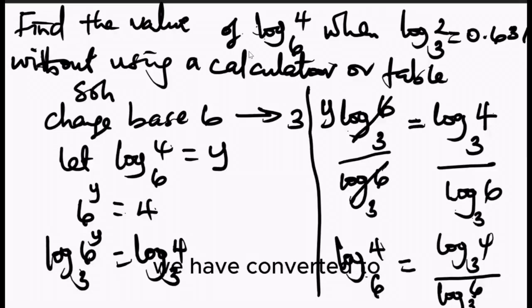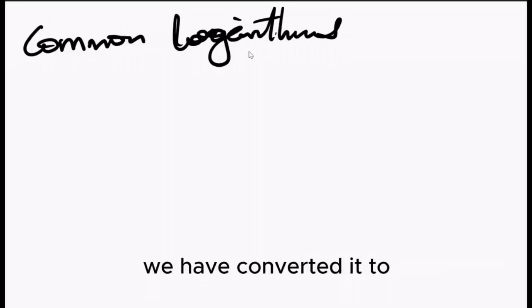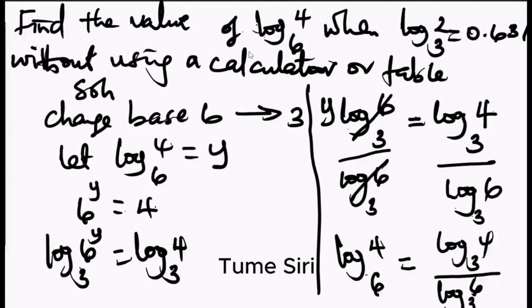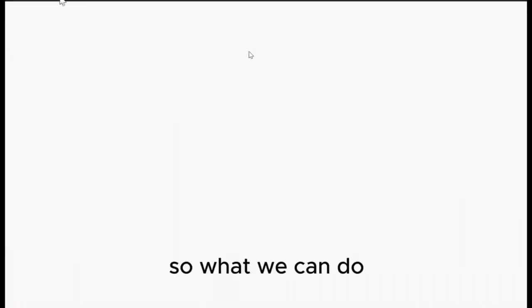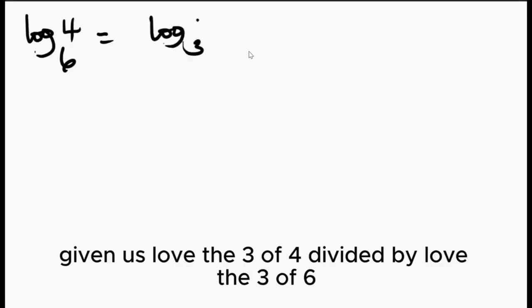So we can now substitute. We have converted it to base 3. We have log base 6 of 4 giving us log base 3 of 4 divided by log base 3 of 6.